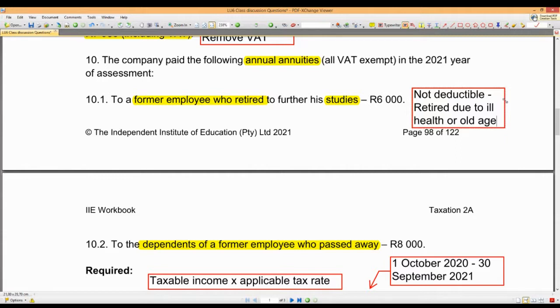So because he retired to further his studies, he did not meet the requirements to get a deduction. Whereas the second one is to dependents of a former employee who passed away, so this would actually be deductible in terms of the requirements. Okay, so for this one would be deductible, one would not be deductible.